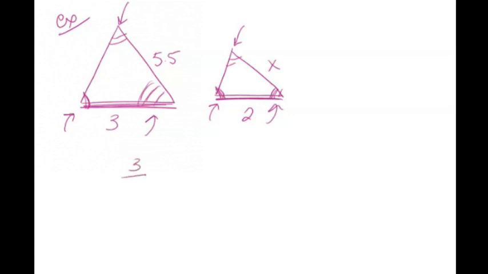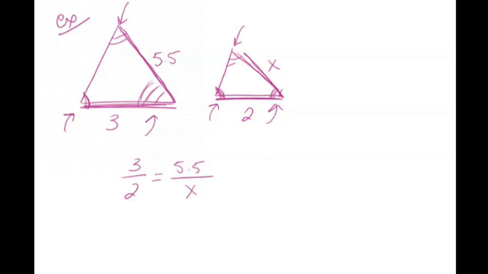So 3 has to go with 2 because they represent the same corresponding sides of the triangle. Similarly, 5.5 is between the 2 and the 3, and that has to go with x, which is also between the 2 and the 3. So it's very important that you set up appropriately the corresponding sides, otherwise your proportion will not be correct.